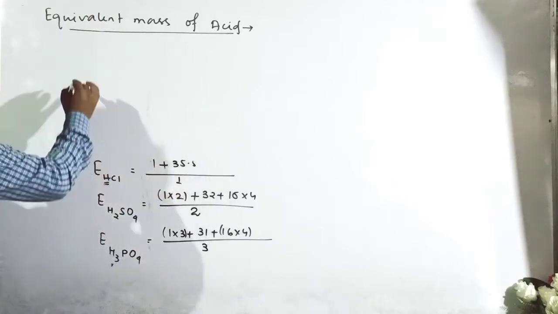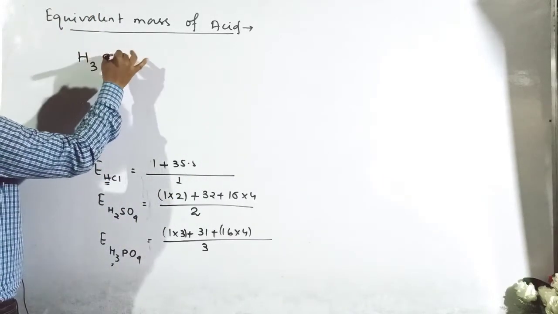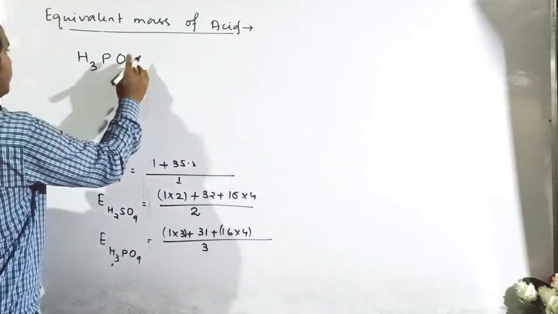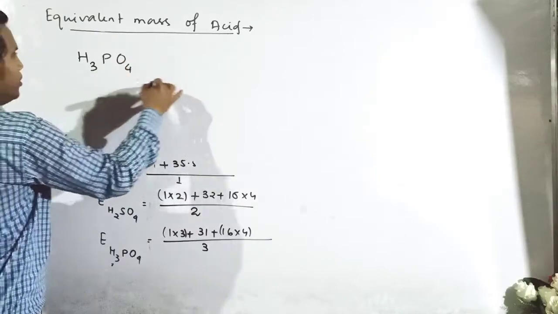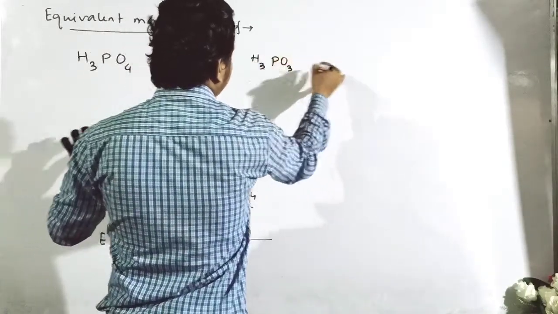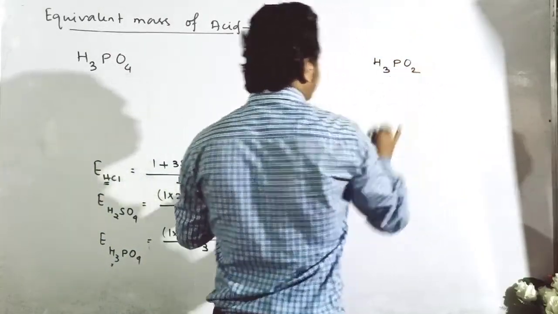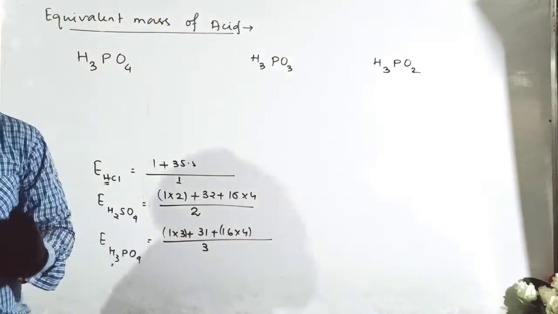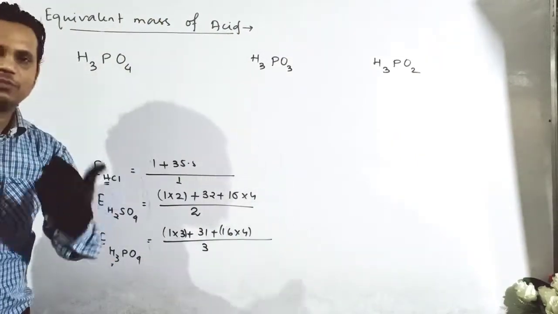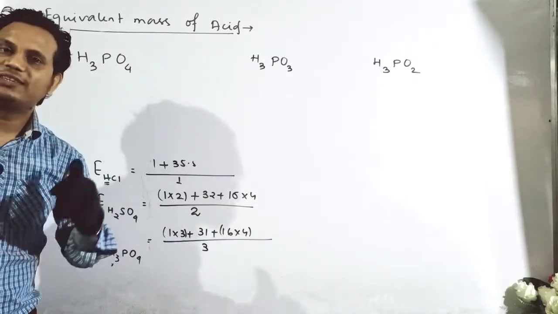For example, suppose we have taken H3PO4, next H3PO3, next H3PO2. So we have to find their equivalent mass, and we know molar mass. Molar mass we can find easily. The main thing is basicity.